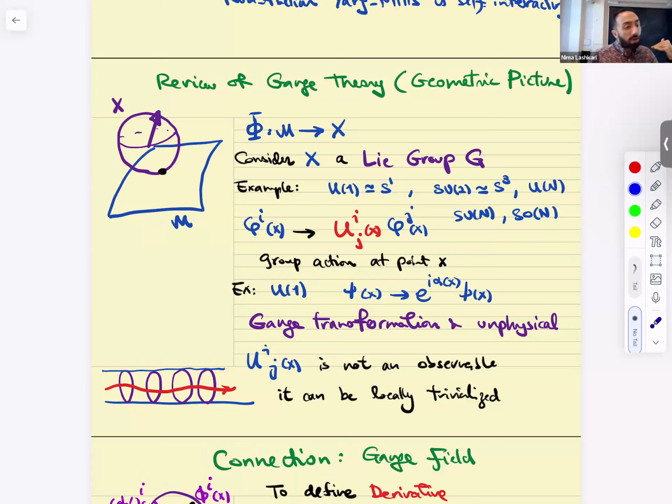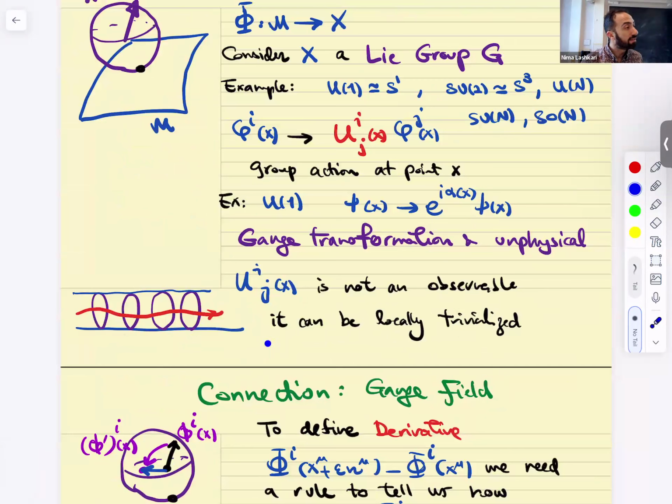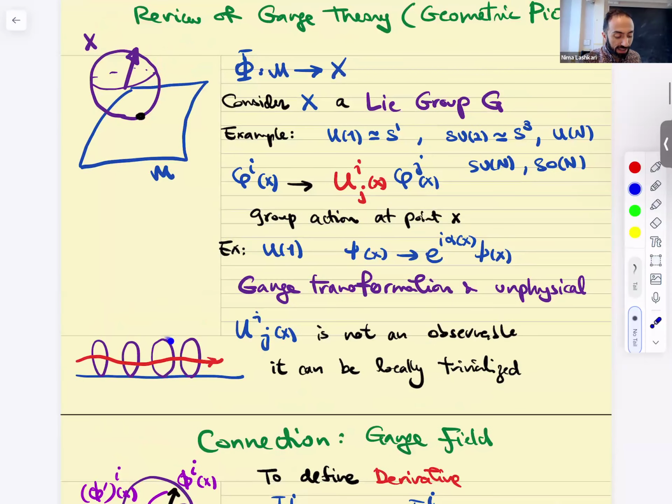But now what we're going to say is that this is a redundancy of the description. Meaning what? Meaning that here's my fiber bundle where M is just a line, and X is S1 at every point. So the value of the field at each point is a point, right?